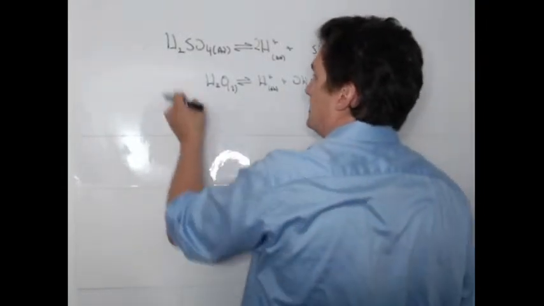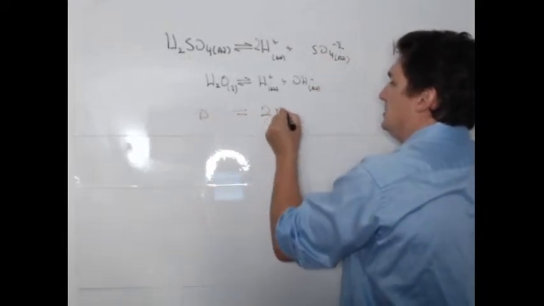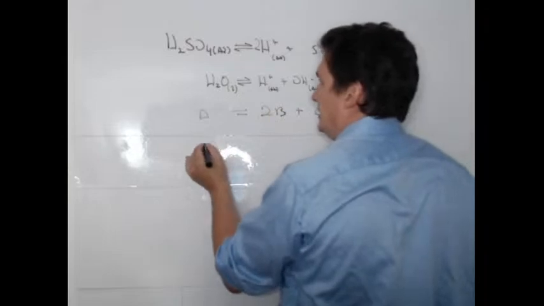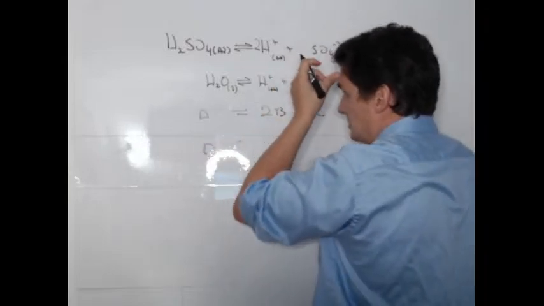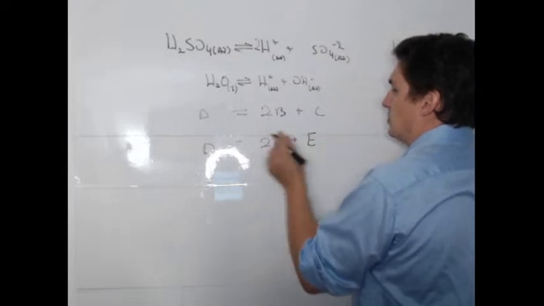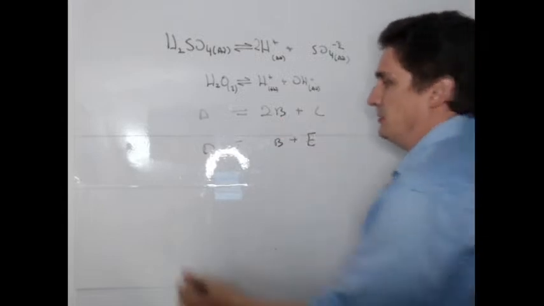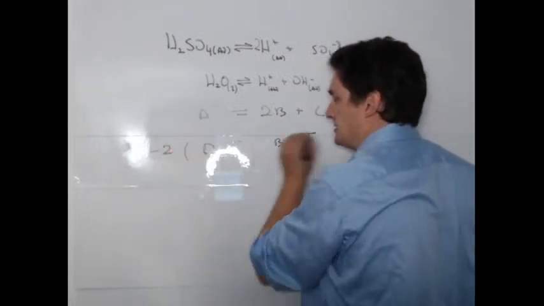So if I had this equation, let's say this is A equals 2B plus C, and then we've got D equals B plus E, and I want to eliminate B from both equations, what I would do is I would subtract this equation twice.